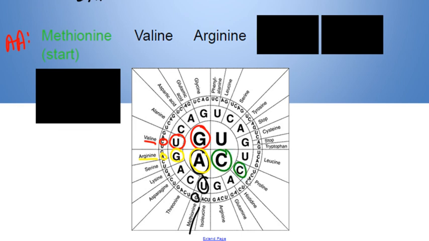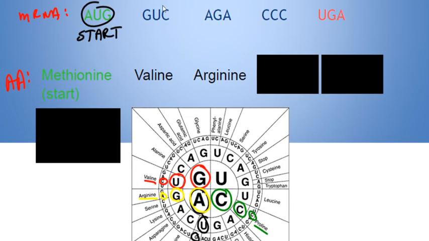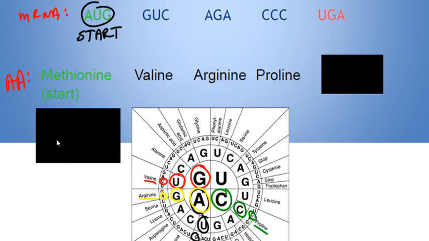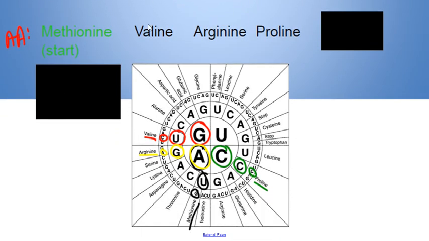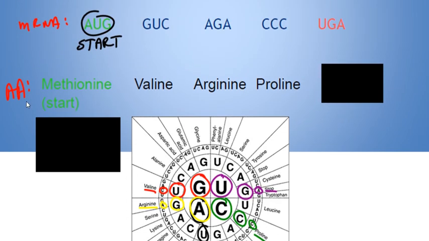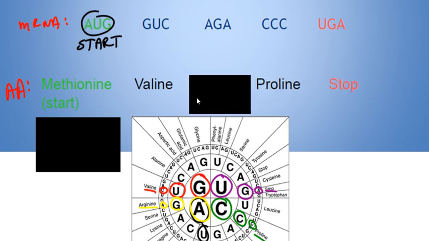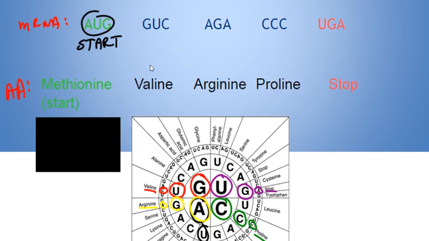C, C, C, proline. And then finally UGA. UGA, and that is one of our stop codons, which tells us that this sequence is over.